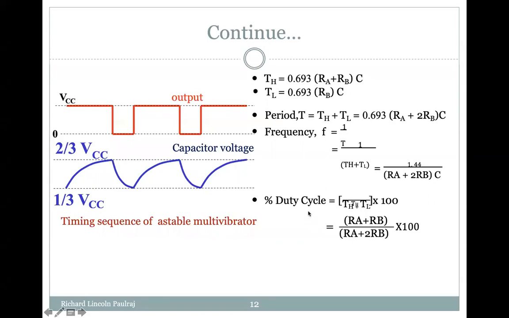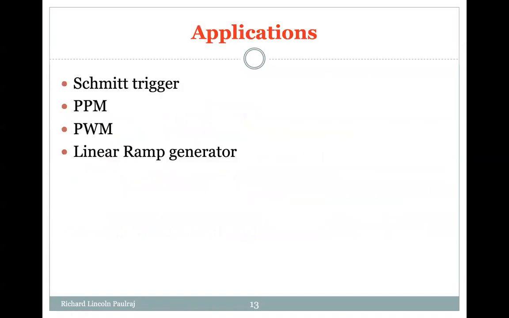Okay, so how do I calculate the duty cycle? On period divided by the total period. So here what is the on period? TH is the on period, divided by, please make a note here as well, students, TH divided by (TH plus TL). TH is the on period, TH plus TL is nothing but the total time period.